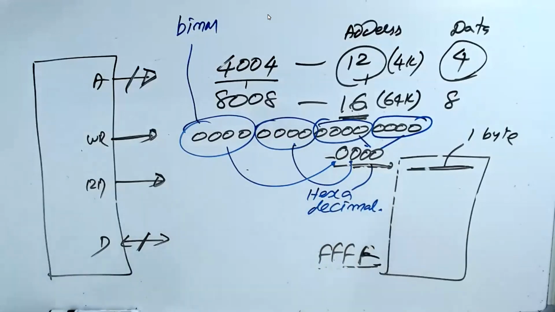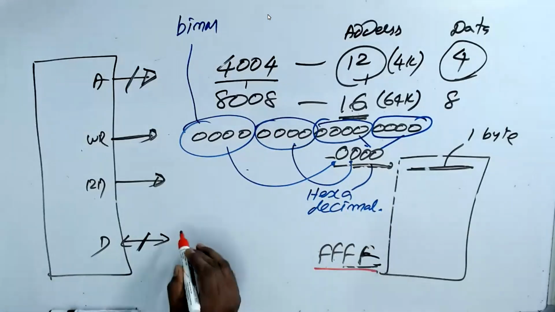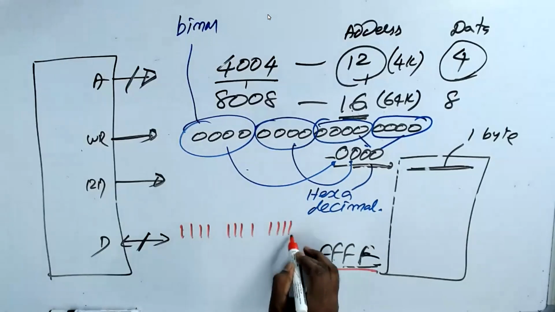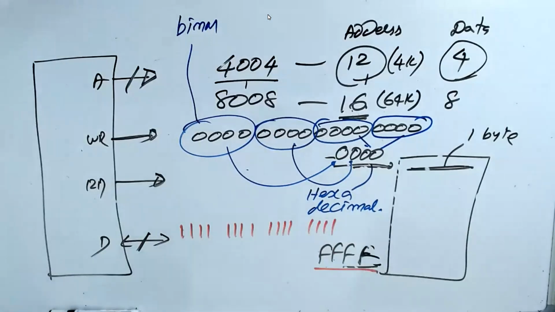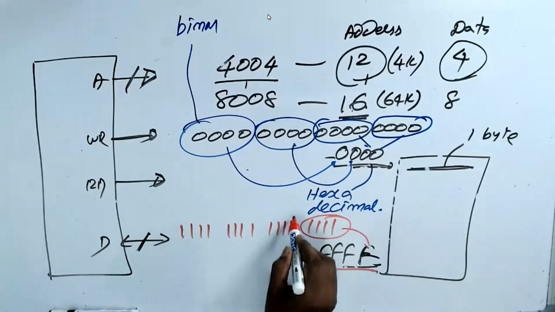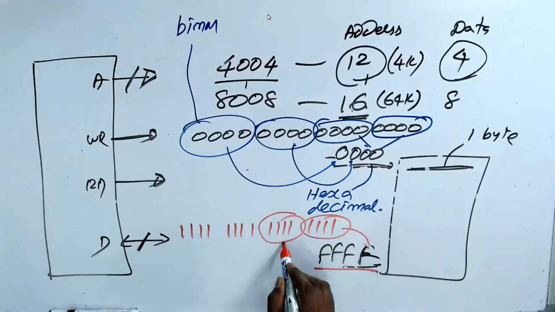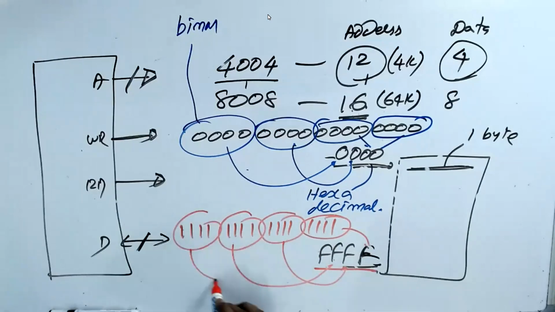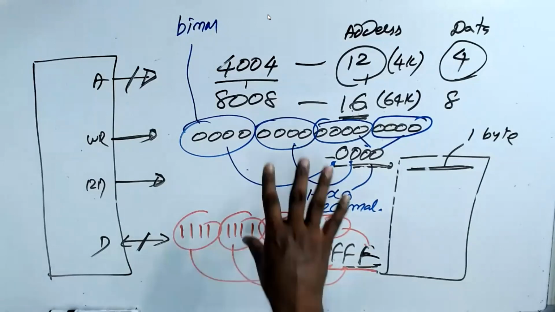Am I right? The same way here, we write FFFF. That means 1111 1111, these 4 ones or F, these 4 ones or F. So you have in between all the numbers.